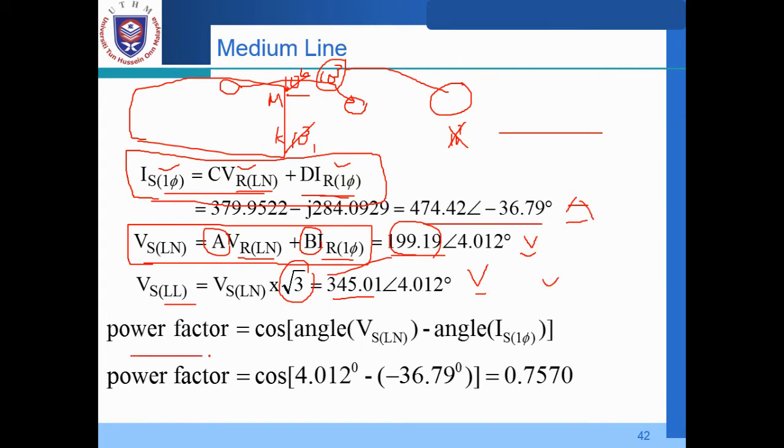So what about the power factor? This is the equation. We have cos of the angle of Vs ln, the sending voltage per phase, minus the angle of the sending current per phase.